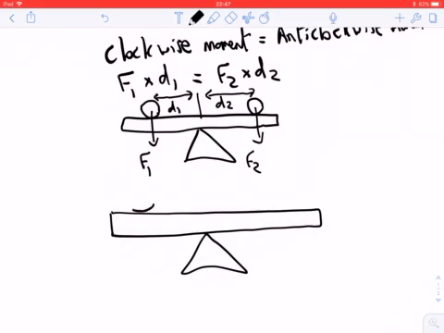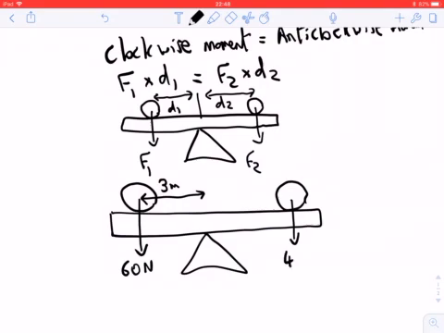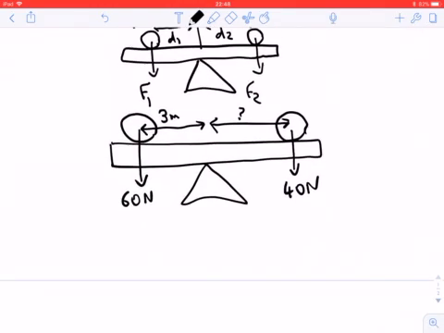So I'm going to have a person over this side with a weight of, let's say, 60 newtons at a distance of 3 meters. And I'm going to have a person over this side with a weight of, let's say, a child with a weight of 40 newtons. And the question is, how far away should they be in order for the beam to balance?